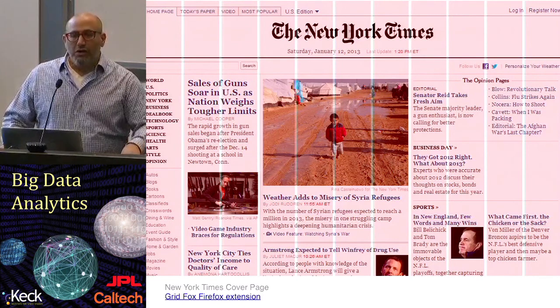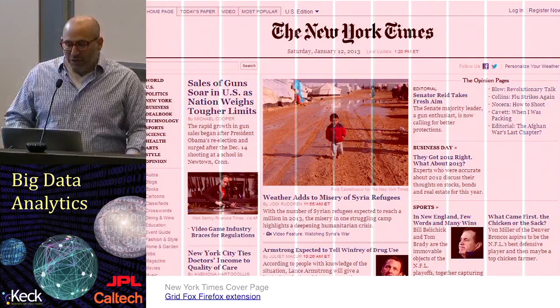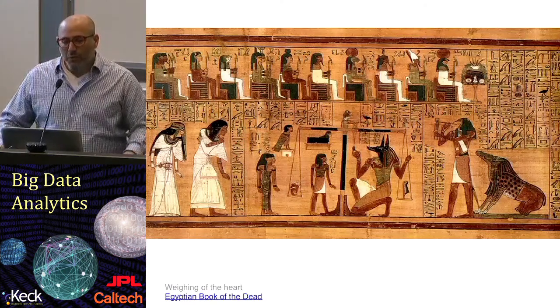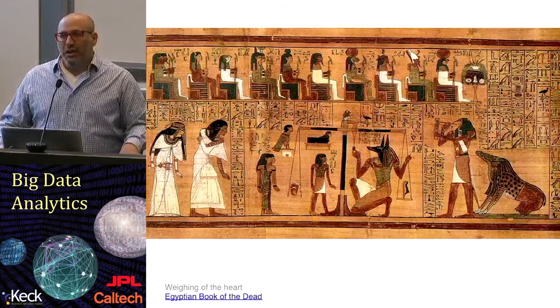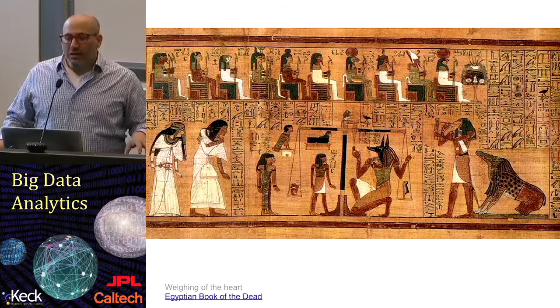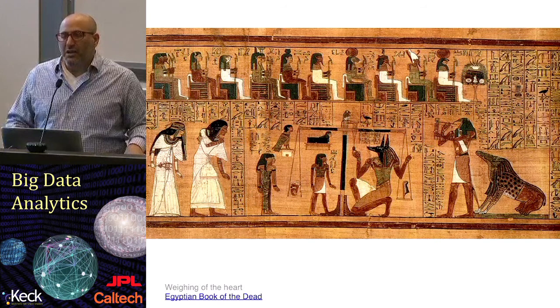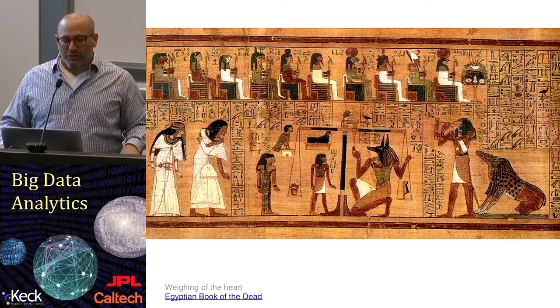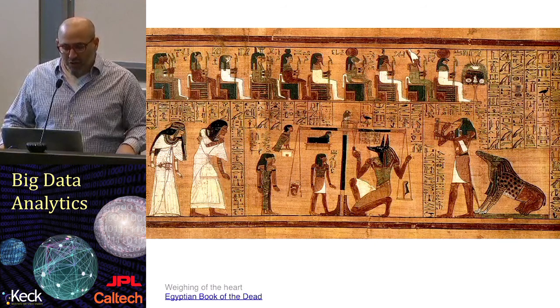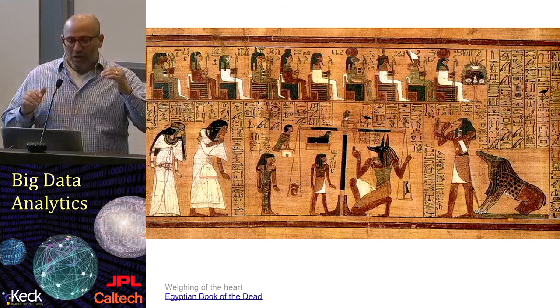There's another major principle that the New York Times is abiding by here. And it's something that we can find when we go back even to ancient Egyptian papyrus. It's this idea that's called hierarchy of size. In this beautiful scene taken from the Egyptian Book of the Dead, the most important figures are the biggest. In the center on the bottom row is the god Anubis.